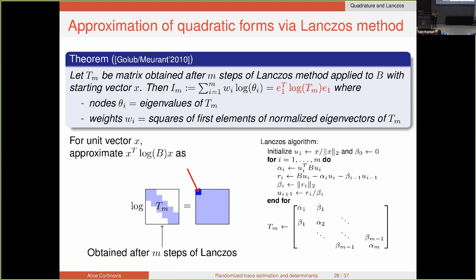So at the end, doing Gauss quadrature for computing x transpose logarithm of B x boils down to applying m steps of the Lanczos algorithm to the matrix B with starting vector x, then taking the matrix logarithm of this small tridiagonal matrix, and then taking the entry in position (1,1).